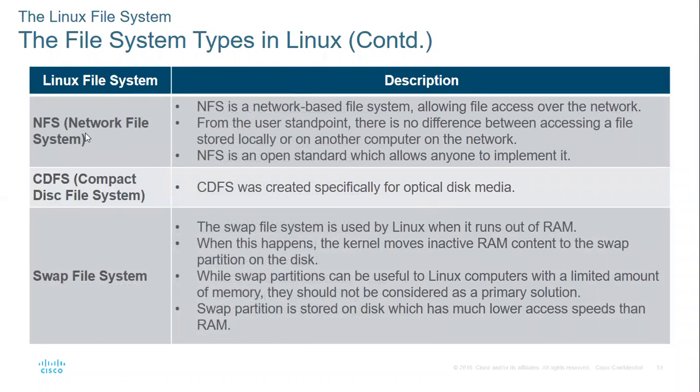Then we have the network file system. This is a network-based file system which allows file access over the network. And then we have the compact disk file system, which was created specifically for optical disk media. And then the swap file system.